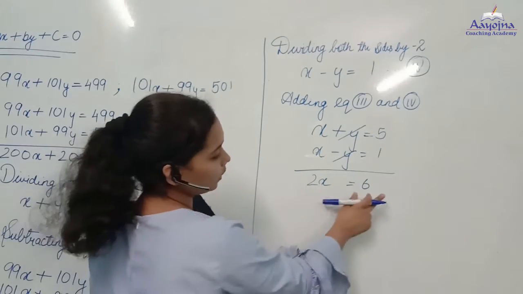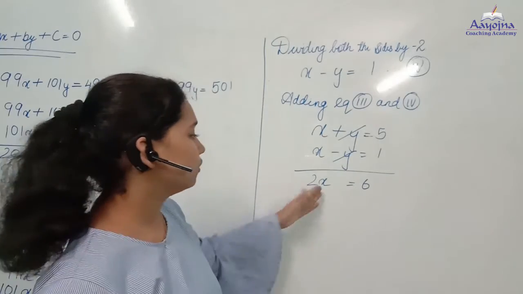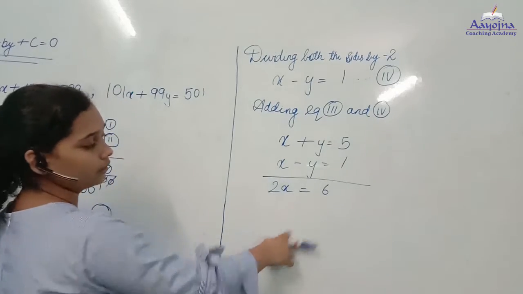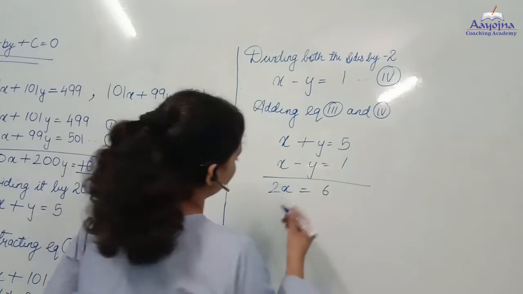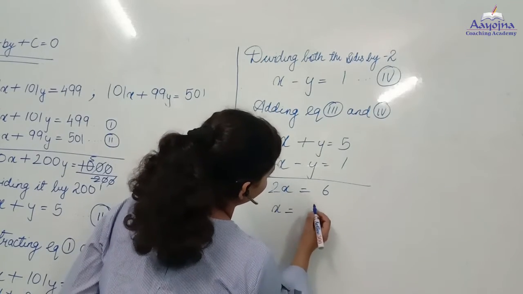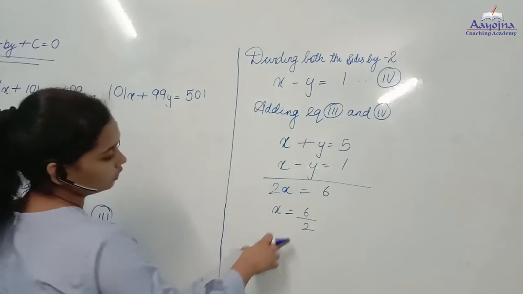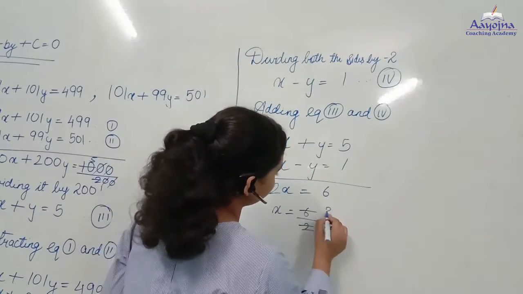Now as we have got 2x is equal to 6, we will find the value of x. How to find the value of x? Here it is multiplication, so we will transpose the 2 and it becomes division. So transposing it over there, it becomes x is equal to 6 upon 2. 2 3s are 6, so x is 3.